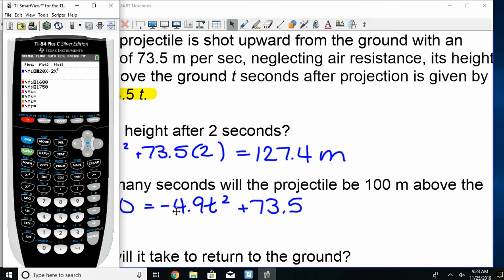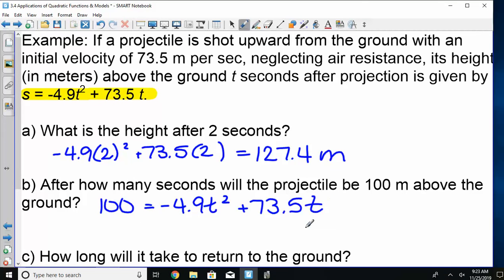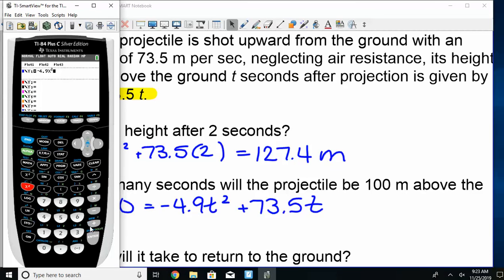We are going to enter each side of this equation as a separate y value, so clear out what's there. I'm going to make my y1 the negative 4.9, you have to use an x squared, plus 73.5x. And then my y2 is the height I'm looking for, which is 100.